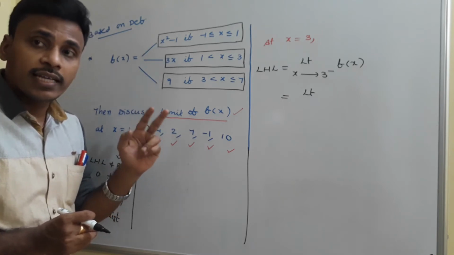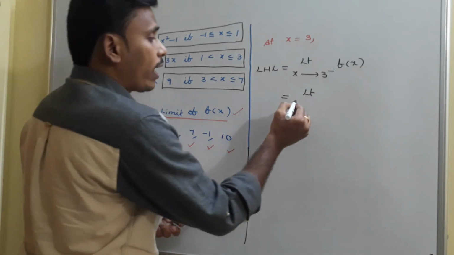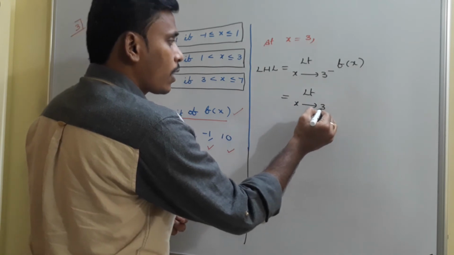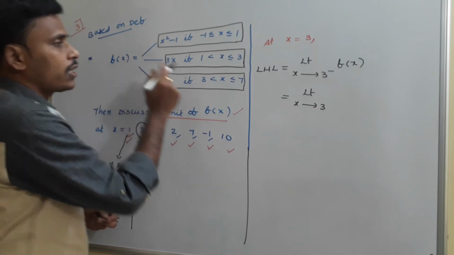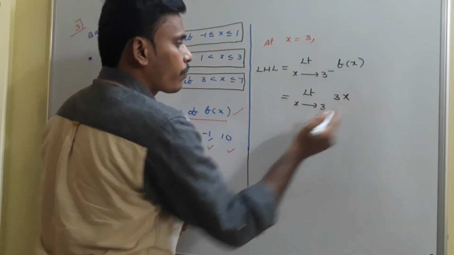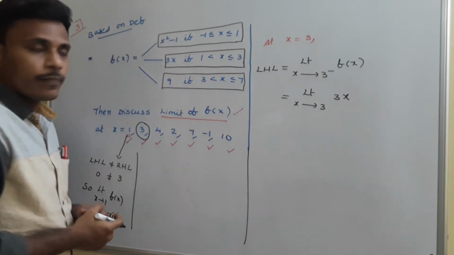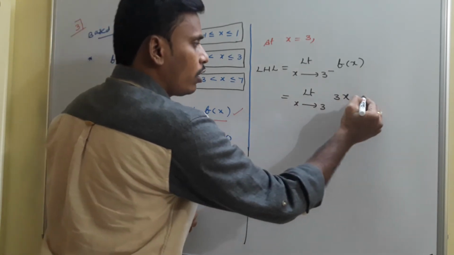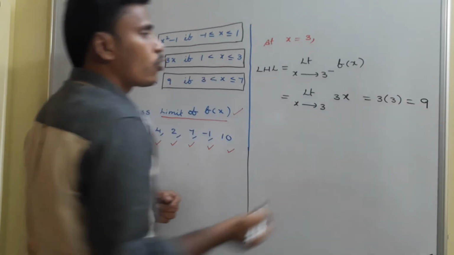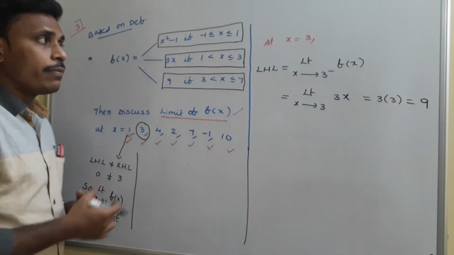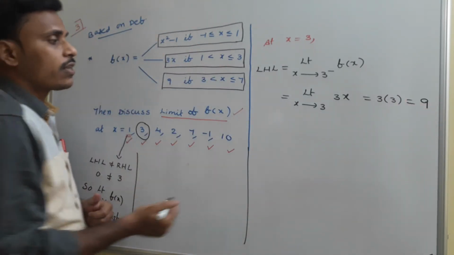The other thing is x approaching 3. So you just write that x approaching 3 and x less than 3, use it. Since x less than 3, f of x is 3x, replace with 3x. Limit x tends to 3 of 3x. Now x is approaching 3, so replace x with 3, 3 into 3, which is equal to 9. Left hand limit at x is equal to 3 is 9.